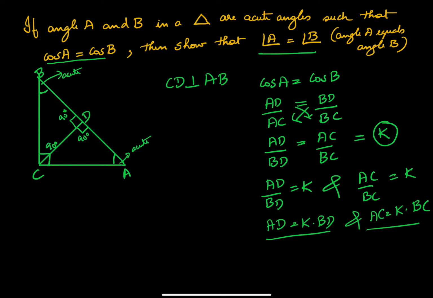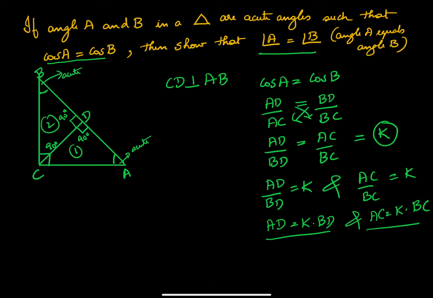Now let's look at these two right angle triangles. So we have to find the angles at B and angle at A. That is the proof that we have to achieve, that angle formed at B and A are equal. So to do that, let's apply the Pythagoras theorem on both the triangles.